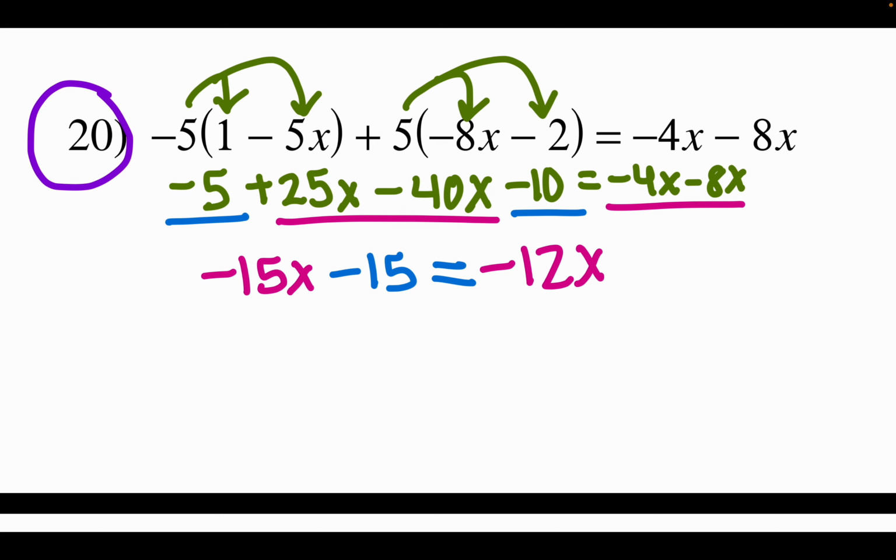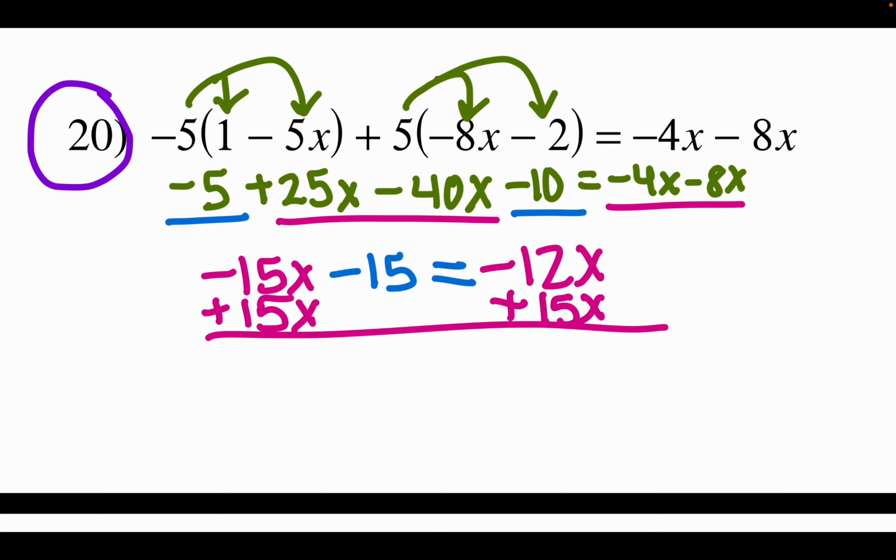Because the negative 15 is on this side, what I'm going to do is take this and move that over, because it's one less step. We could add the 15 and then add the 12x, but that's just too much moving around. So I'm going to do the least amount of steps by adding the 15x.